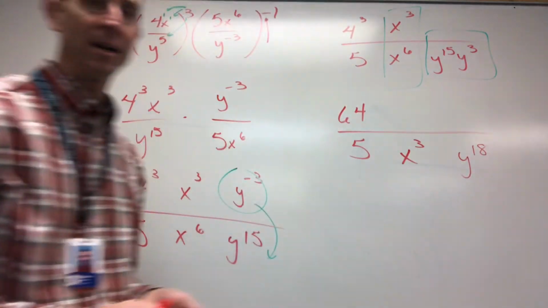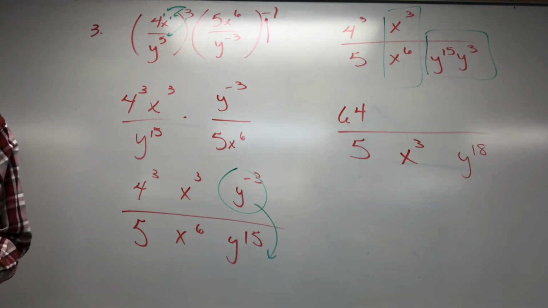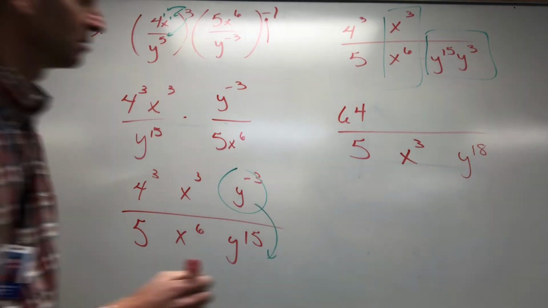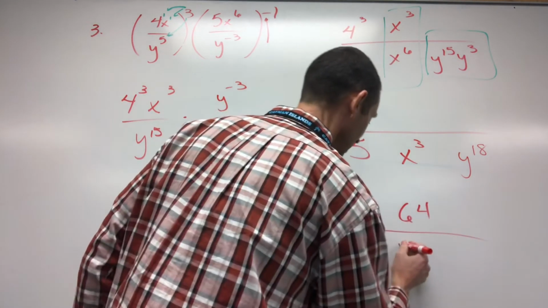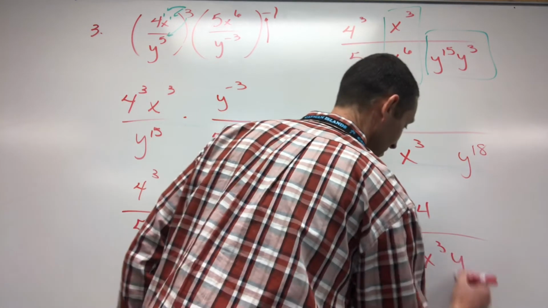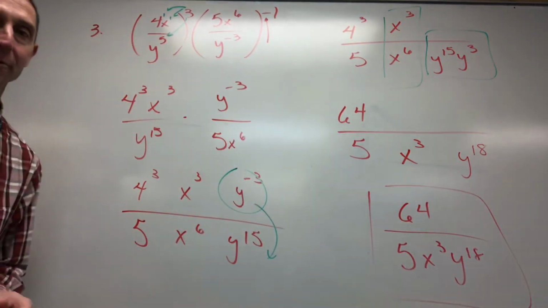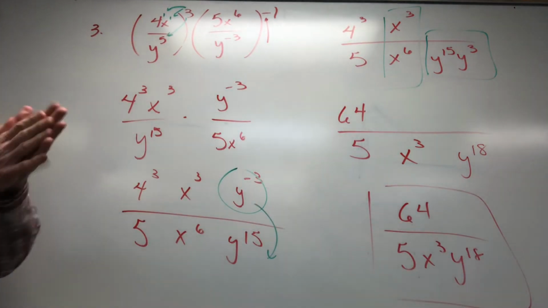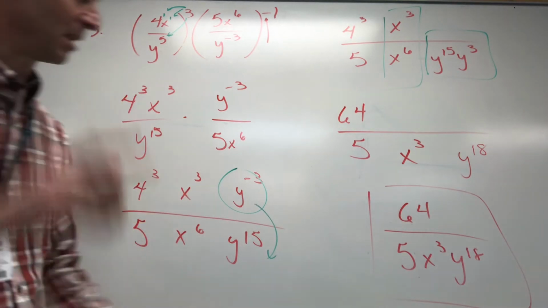That's going to give me y to the 18th. And now that I'm done with this, I'm going to put it all together, make it look good. So I've got a 64 on top, a 5, x to the 3rd, y to the 18th. So we scoosh it all back together to make it look good. All right, 3 examples done. We got one more.